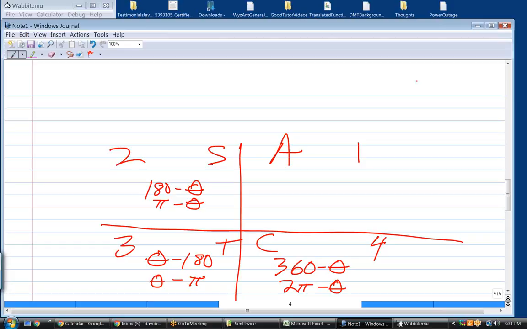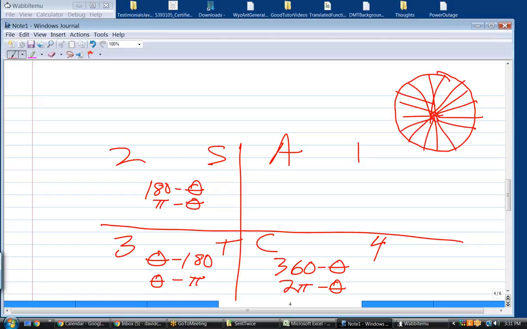Some of the school systems around Colorado will give you the unit circle and want you to memorize all 16 slots of the unit circle for all 6 trig functions, which I think is lunacy, because people don't memorize 16 things like that.